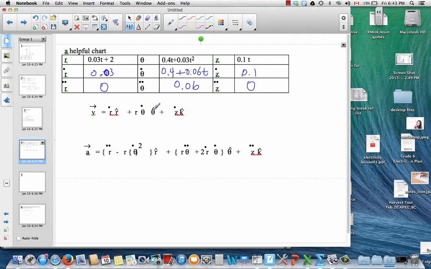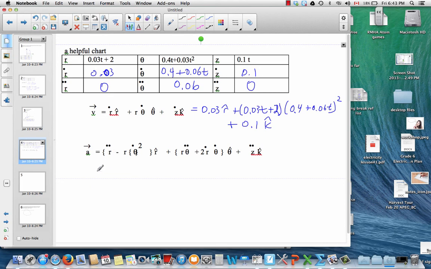So we substitute in here for velocity, we get 0.03 radially, we have a time-dependent angular velocity, because it's r times theta dot. This is a little bit messy. So that's r, that's theta dot. And then, of course, we have the 0.1 in the k direction, the third component of velocity.